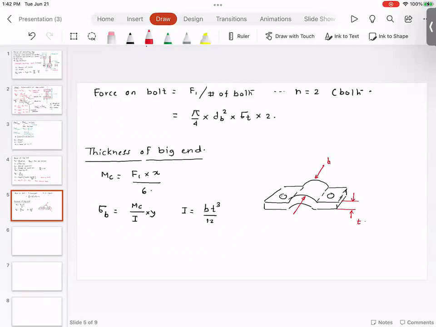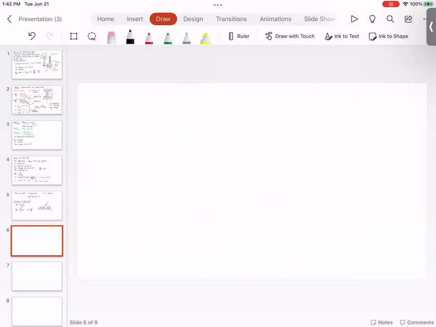Okay, so with this, we can solve one problem. Design a connecting rod.